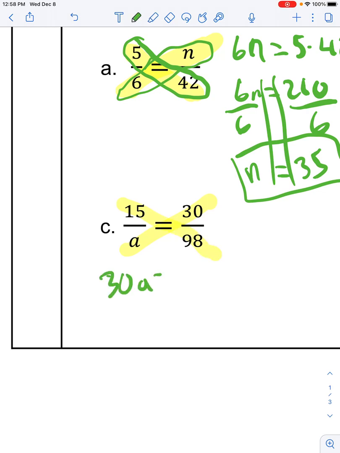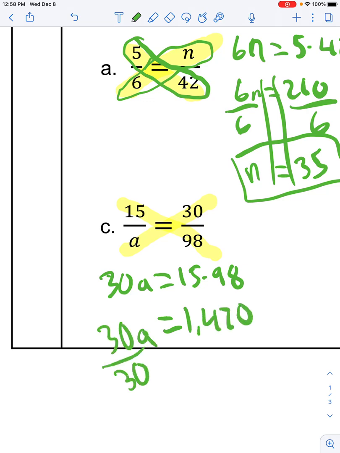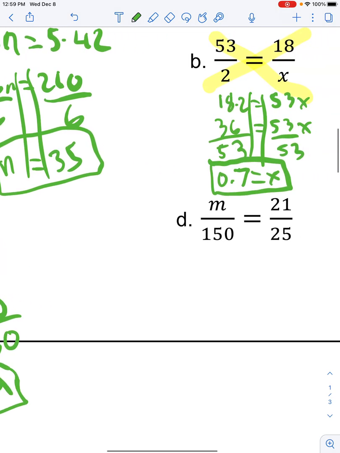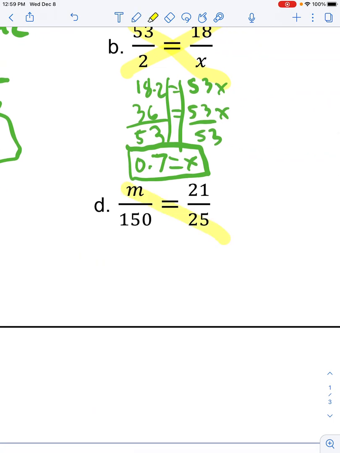Cross multiply. I see that I have 30a equals 15 times 98. 15 times 98 equals 1,470. This is 30a. Divide by 30. And a is going to equal 49.